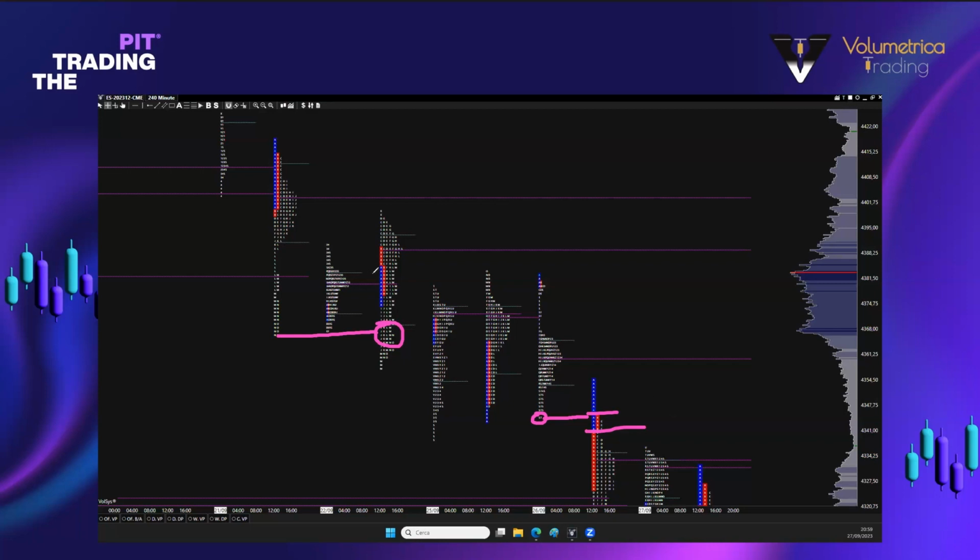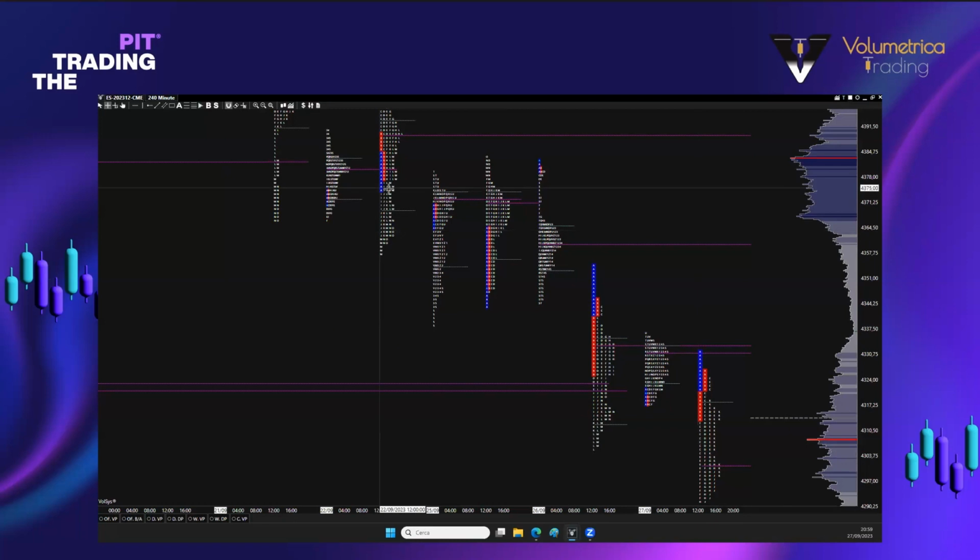Then, last concept, last concept for today. When do we have not a good high, but a wonderful high or low? When we have a reversal tail.